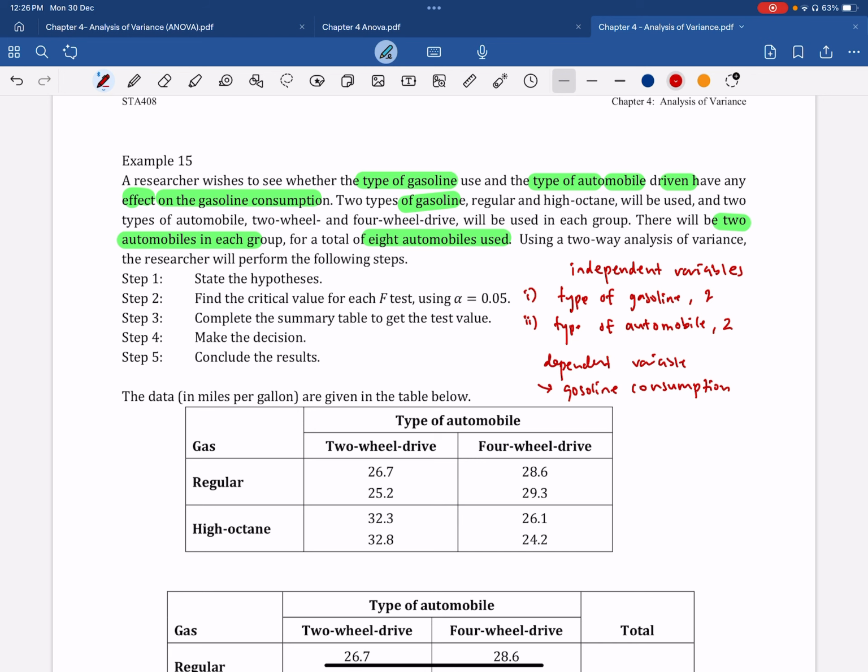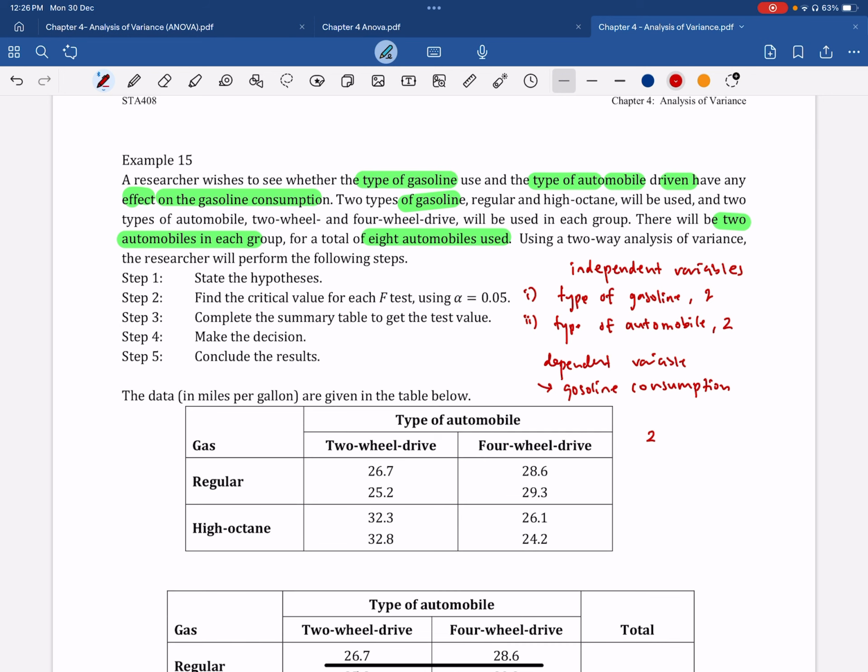So for this particular example, this is actually a 2 times 2 two-way ANOVA, because you have two levels for independent variable 1 and two levels for independent variable 2, while you measure the effects on gasoline consumption.